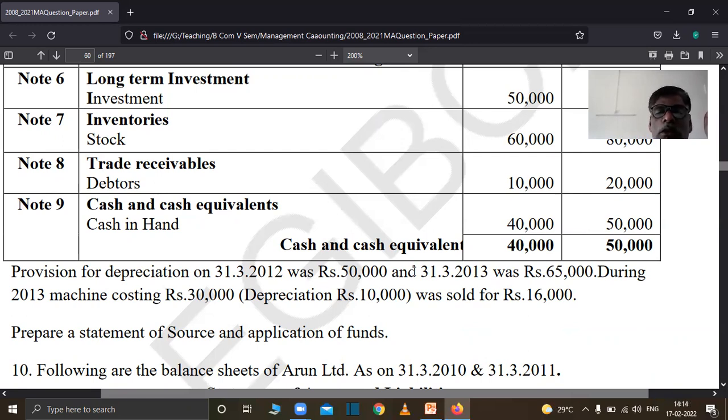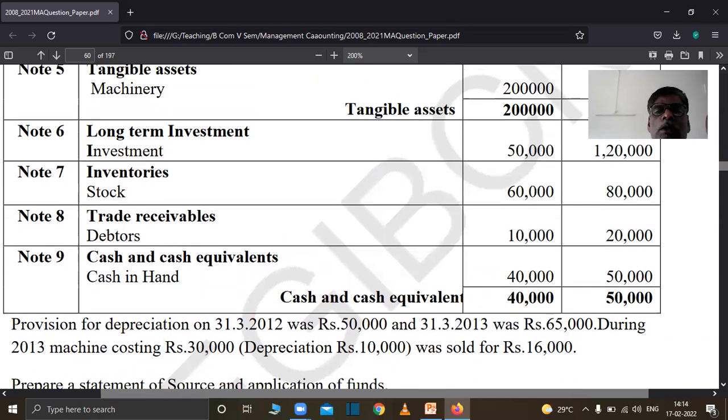So in this case, the original value of asset is, you see here, machinery, 2 lakh opening, closing same, but you have to take opening balance 2 lakh plus 50,000, 2 lakh 50,000, and closing 2 lakh plus 65,000, 2 lakh 65,000, and prepare the accounts. You take the opening and closing balance of the assets at original value, and thereafter you make the adjustment.